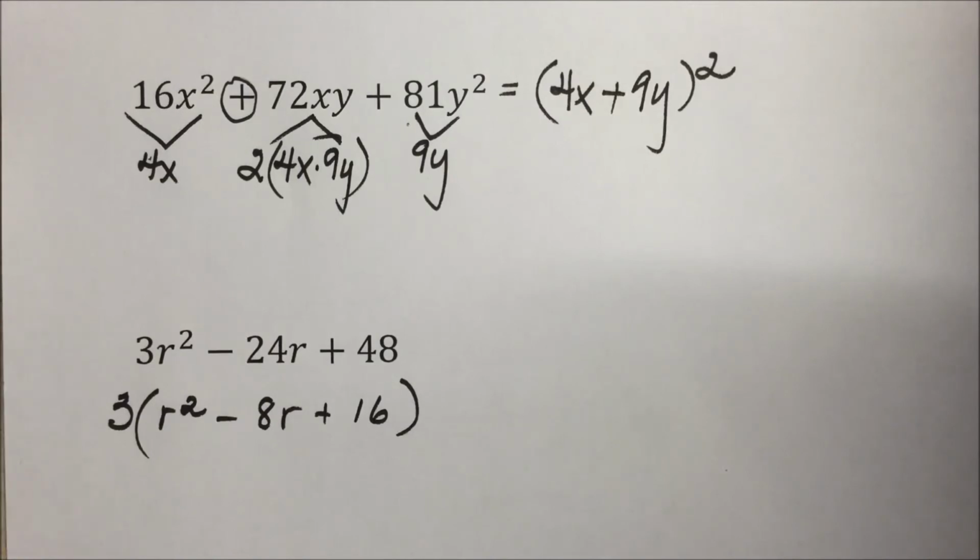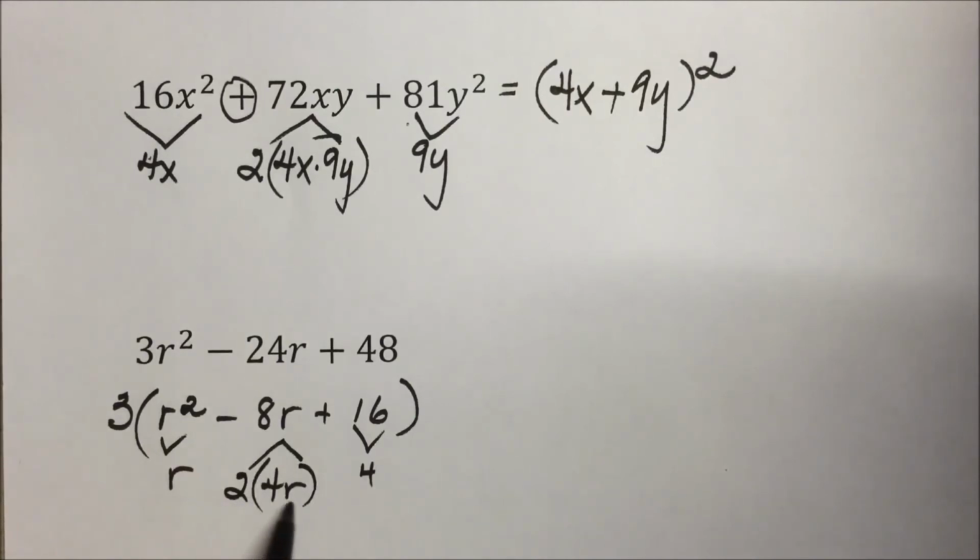Anytime you have a power higher than 1, you should be suspicious that you can factor this further. And looking at this, the first term is a perfect square, the square root is r. The last term is a perfect square, 4 times 4 is 16. The test for this to be a perfect square trinomial is to take the product of those square roots and double it. And when we double 4r, we get an 8r.